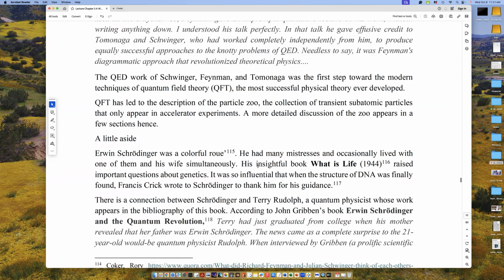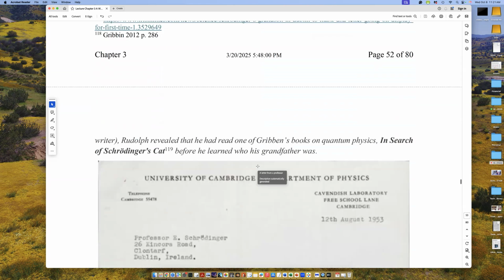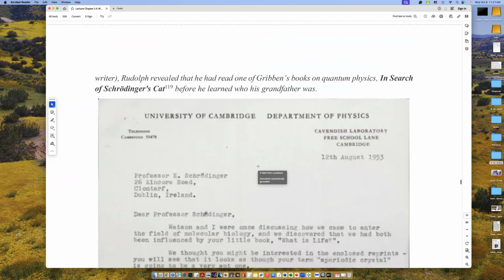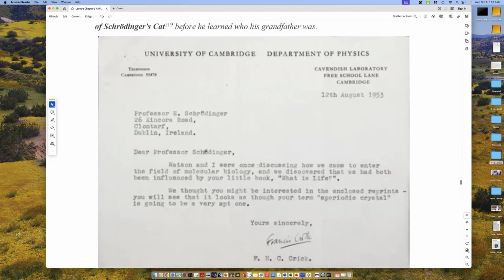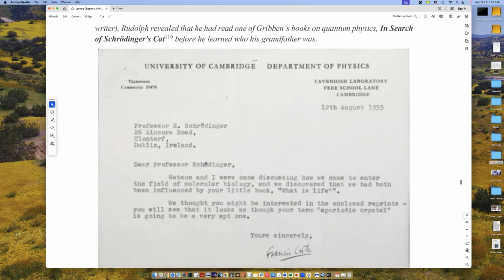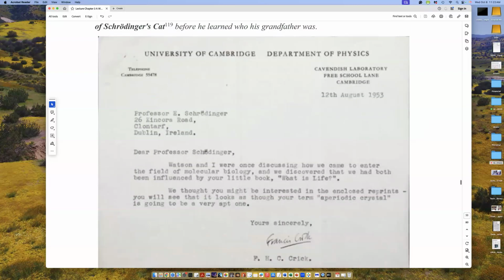There's more to entertain you here. In addition, we have this very interesting connection between quantum mechanics and Erwin Schrödinger. In 1949 or 48, Schrödinger wrote a book called What is Life?